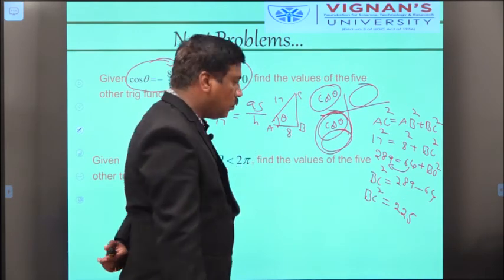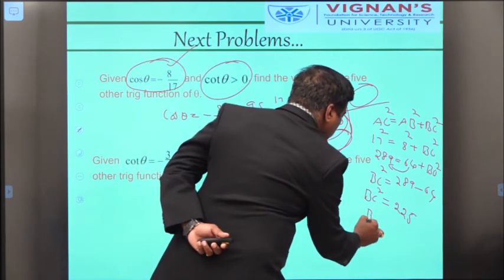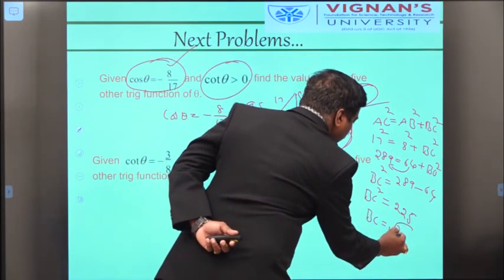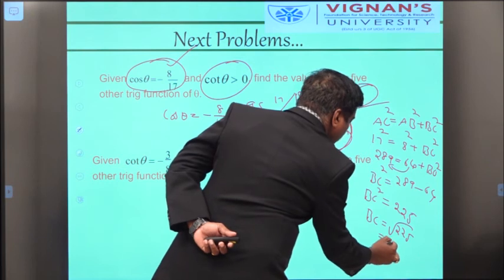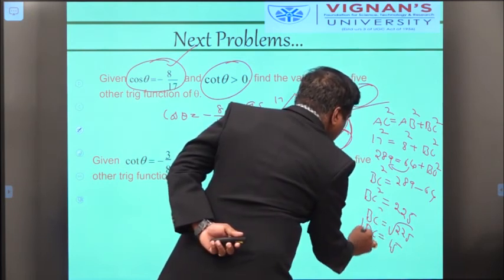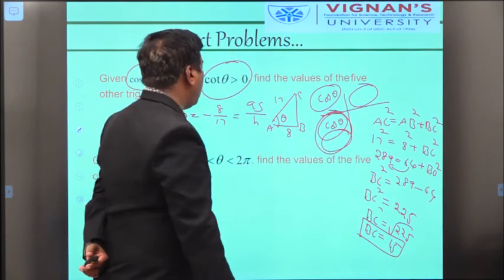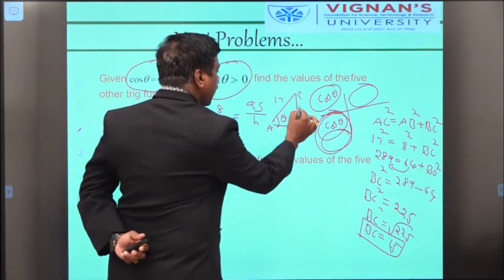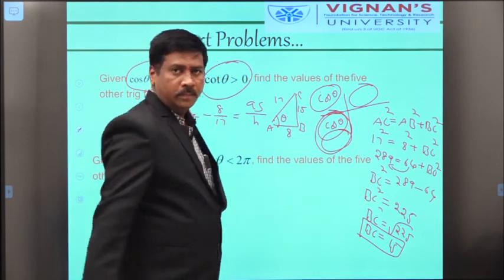BC square value is 225. Then BC is equal to the square root of 225, so the BC value is 15. That means the other side of this right angle triangle is 15.